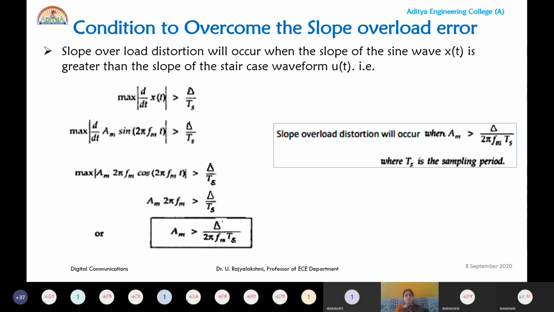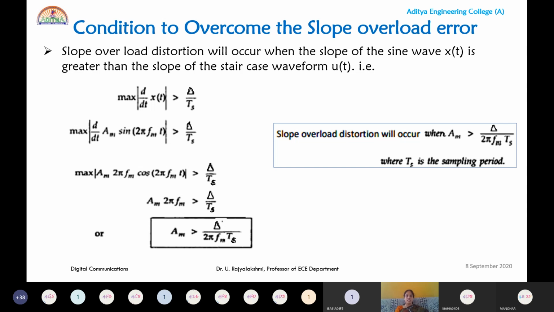Anyone of you, please tell me what is the maximum magnitude of cos theta. Someone of you respond. 1. Yes, very good. So for either sinusoidal or cosine, the maximum magnitude is 1.